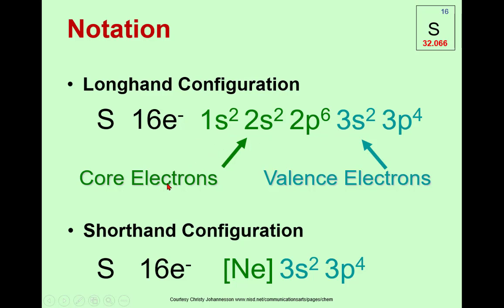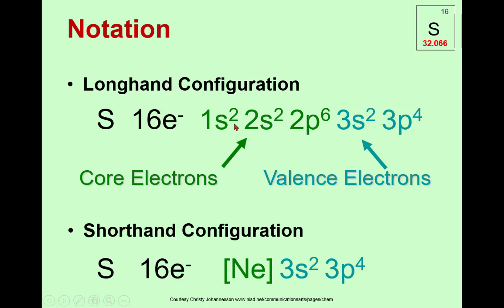One is the core electronic configuration, and this core electronic configuration is the configuration of its neighboring noble gas.